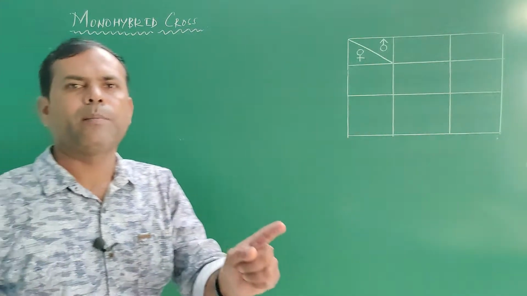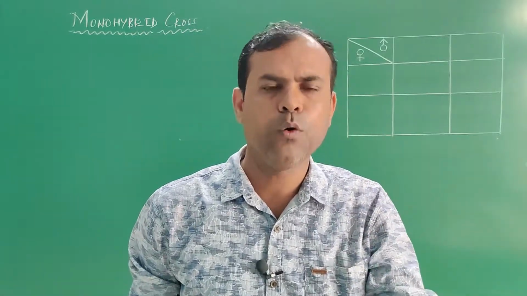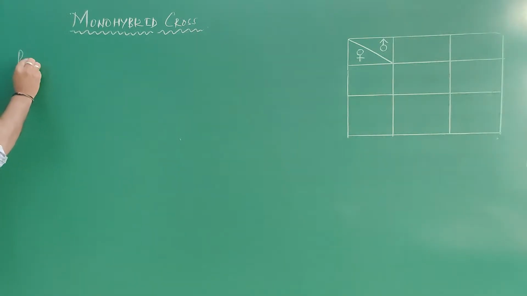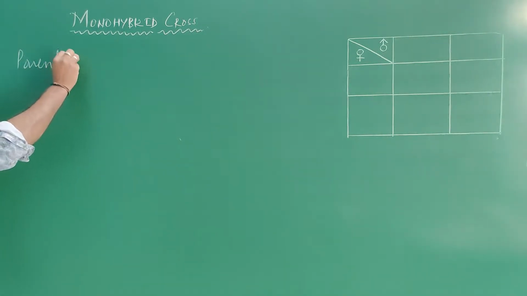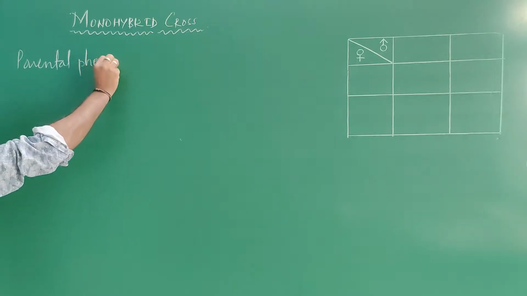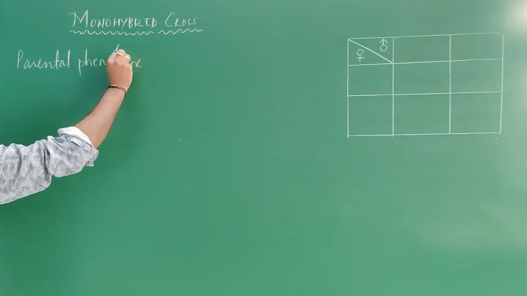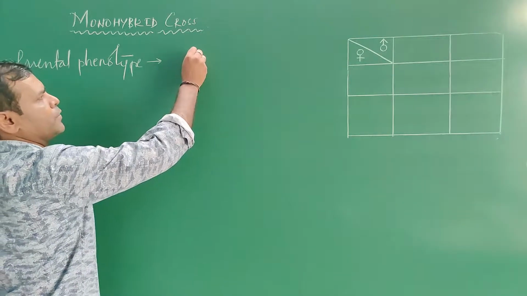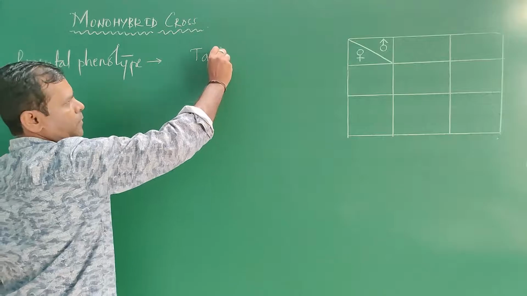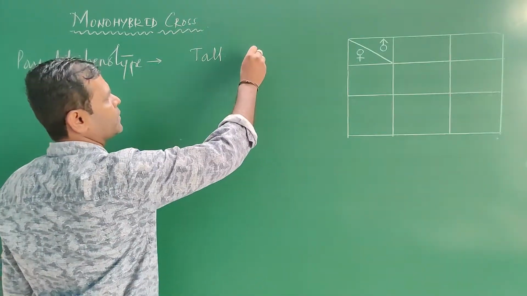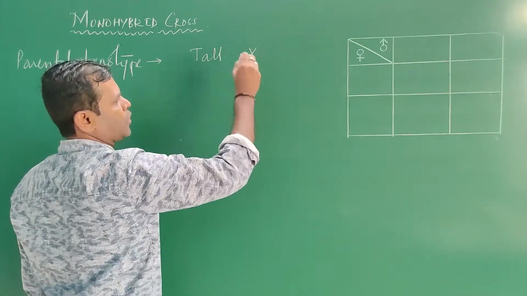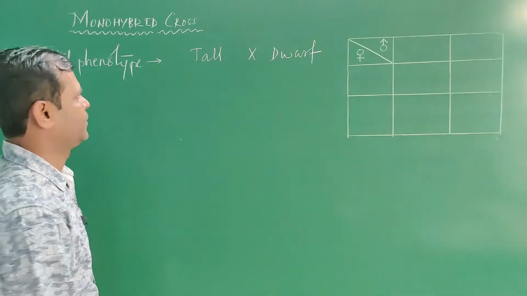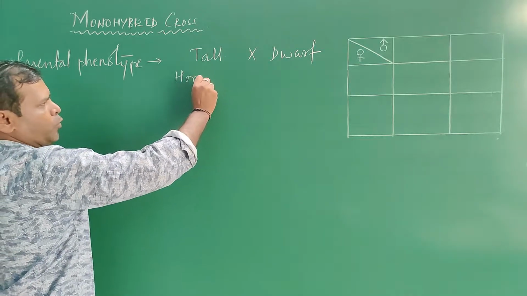Now Mendel in monohybrid cross crossed two plants, as we know, one tall and one dwarf. So what is the parental phenotype? Tall plant, that is female tall plant, homozygous, crossed with dwarf plant, but both are homozygous.